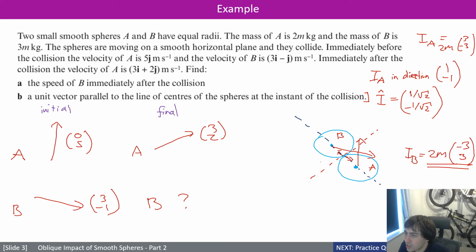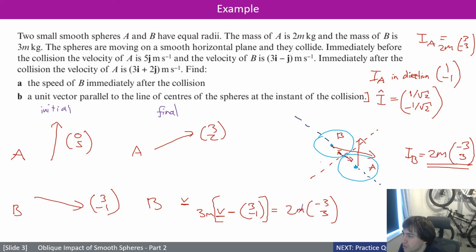Let's then find the change of momentum by using an unknown vector v as our final velocity for B. So we'll have the final velocity for B minus its initial velocity multiplied by its mass, which is 3m, and all of that is the change in momentum, which is therefore equal to 2m times (-3, 3).